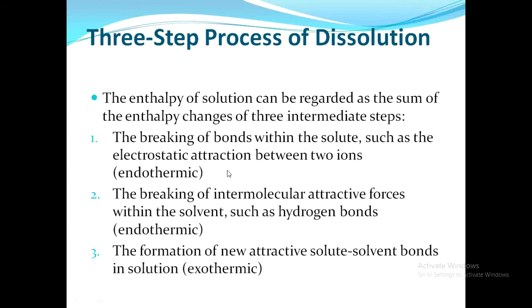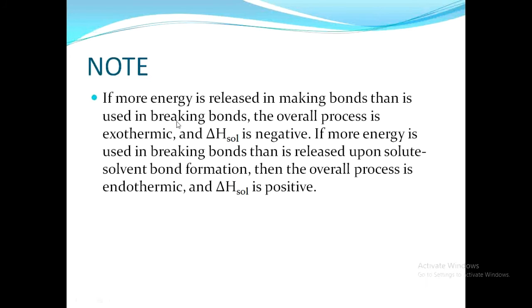If the bonds that are broken have higher energy compared to the bonds that are formed, then delta H solution would be positive. And if the bond formation process gives more energy compared to the bond breaking process, then delta H comes out to be negative. This is the whole point regarding this.